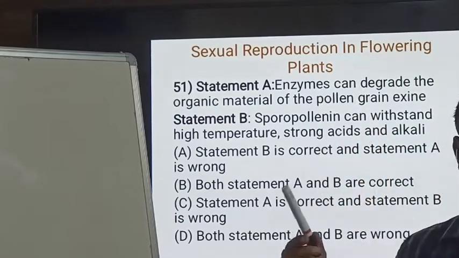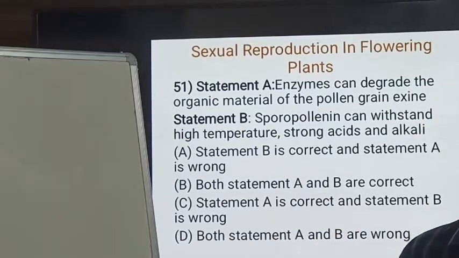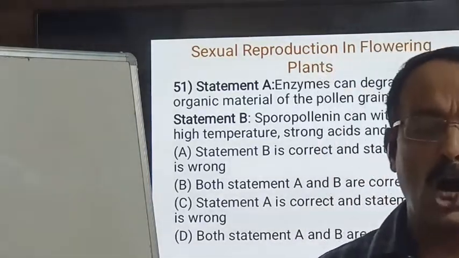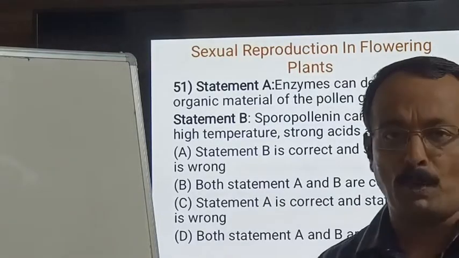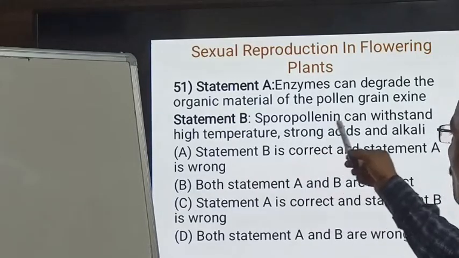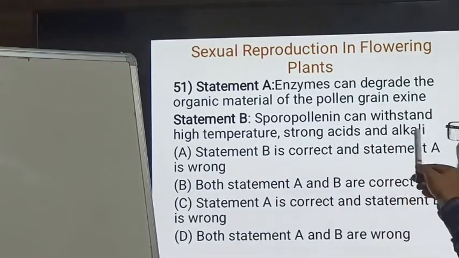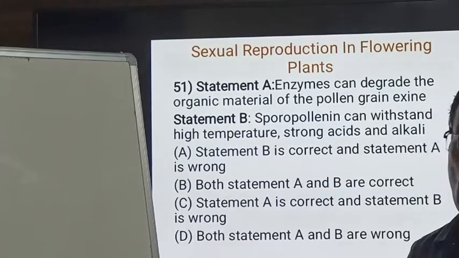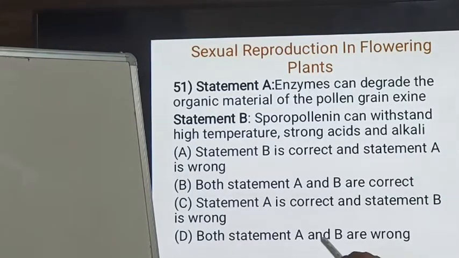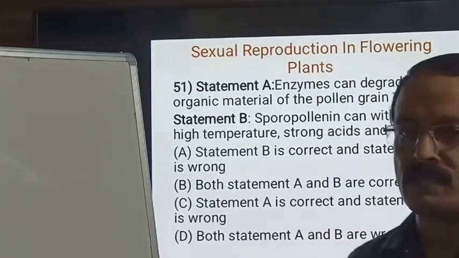No. Pollen grain exine, as we already dealt with in the previous question, is made up of strong material called sporopollenin and it cannot be degraded. Statement B: Sporopollenin can withstand high temperature, strong acids and alkali. So both statements A and B are correct. This is the second option.